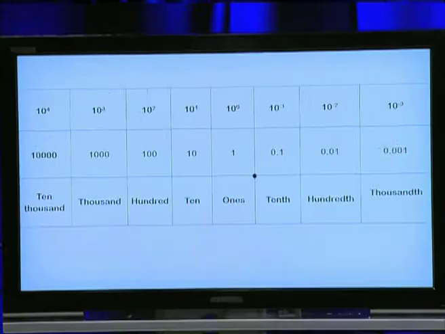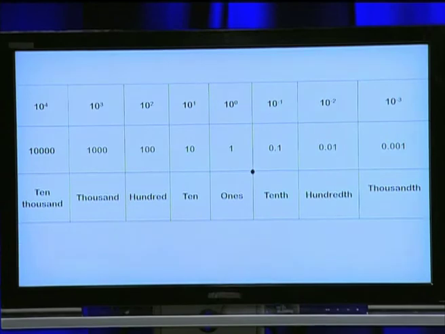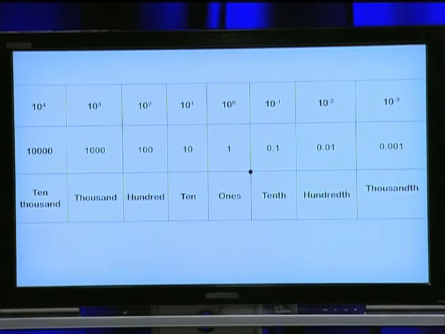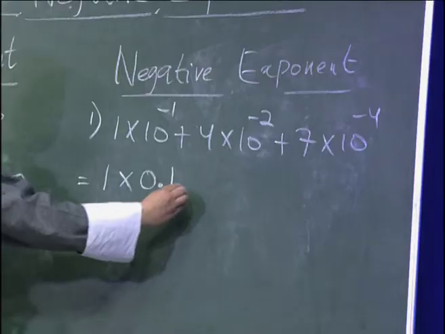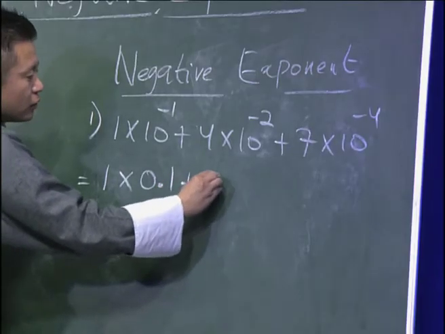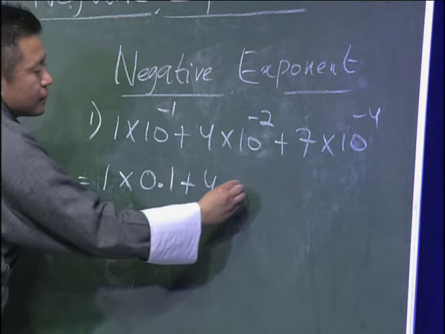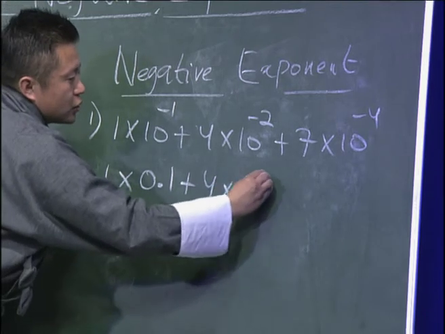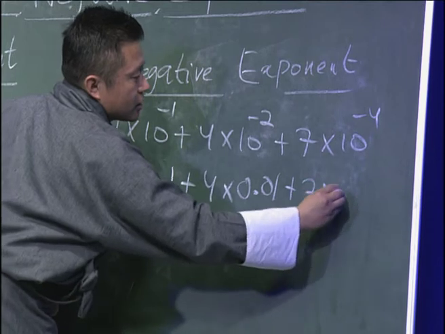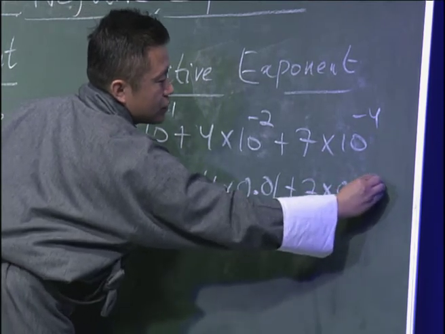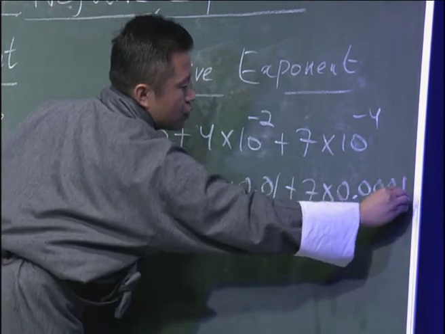If you look at the table there, you know it's 0.1 plus 4 times 0.01 plus 7 times 0.0001.